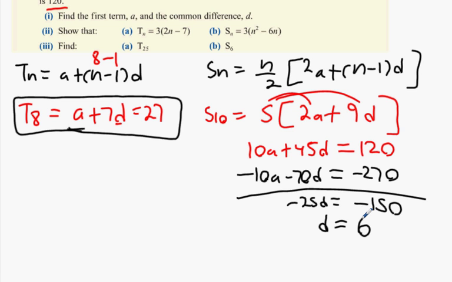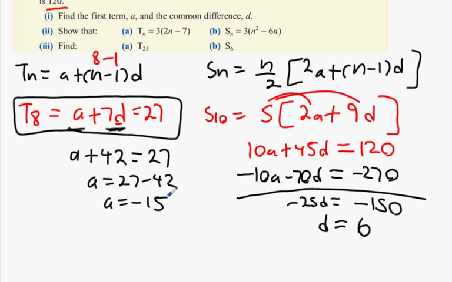And see the way that's 7D? 7 times 6, 42. So A is going to be minus 10, isn't it? Then we get A is minus 15. Bring the 42 over your side. A equals minus 15.